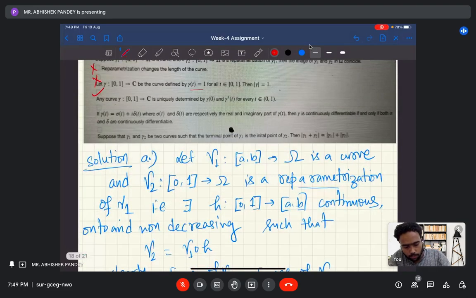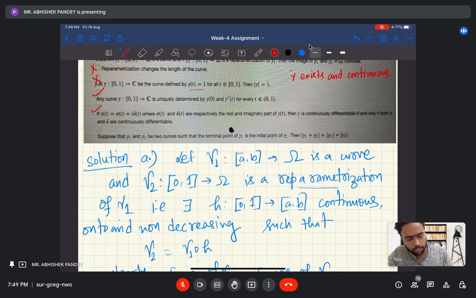Now this option, by definition also: this is the real part and imaginary part of a curve gamma t. Then gamma is continuously differentiable if and only if both are continuously differentiable. Gamma t is said to be continuously differentiable if gamma dash exists and is continuous.